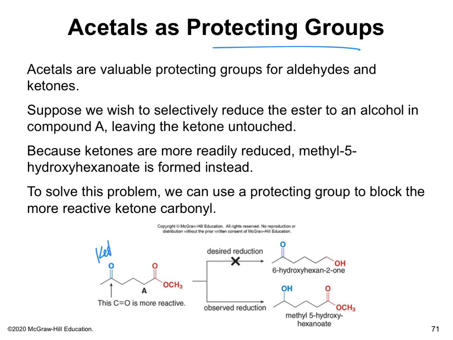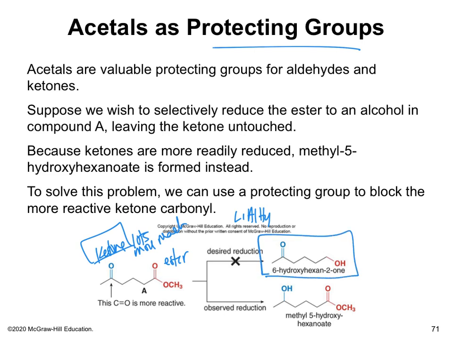Here you have a ketone and you have an ester. I told you ketones are a lot more reactive. What if you don't want it to react? If you try to do lithium aluminum hydride here, and this is what you want, you want the ketone, but you want the ester to be reduced to the alcohol.